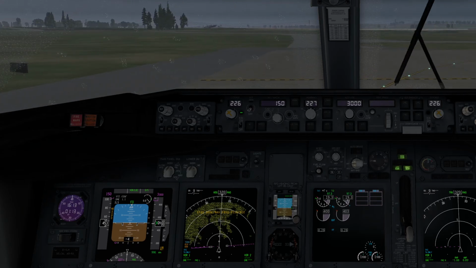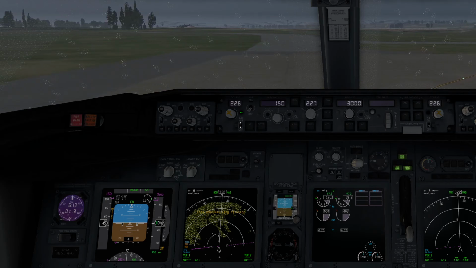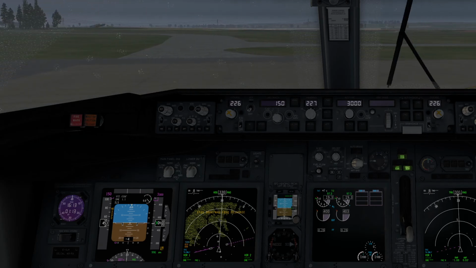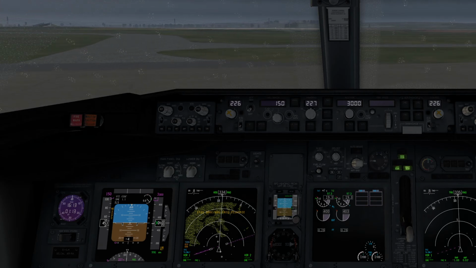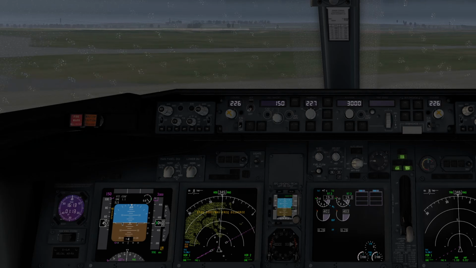Ooh, that was some approach. Terrain off.